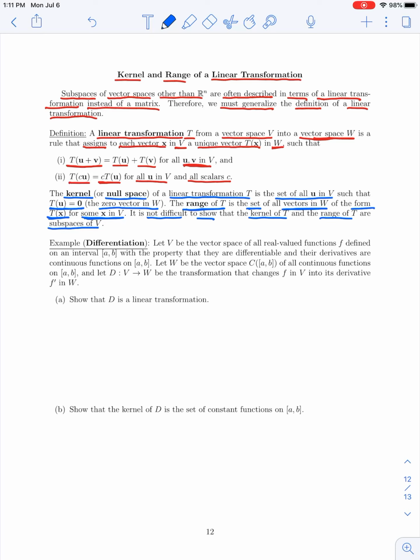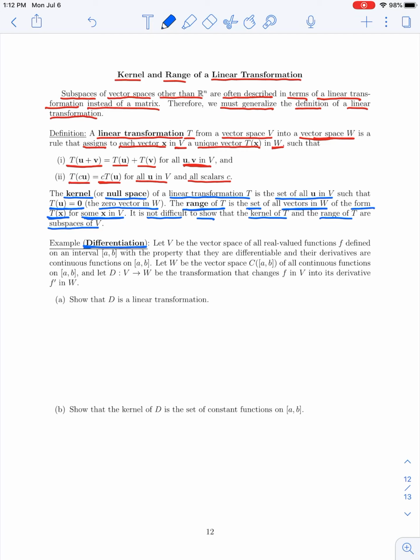All right. So as an example of a linear transformation which may not be expressed in terms of matrix multiplication, let's consider the transformation of differentiation that we're familiar with from our calculus courses.